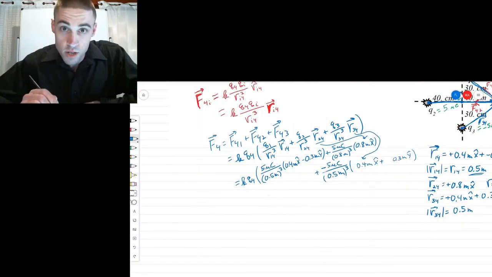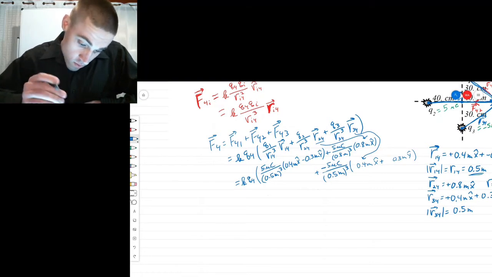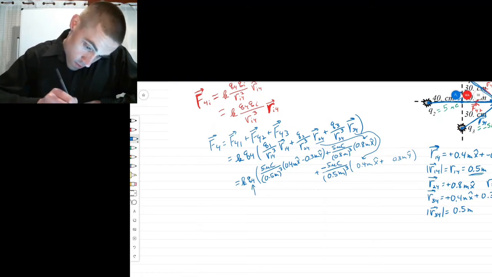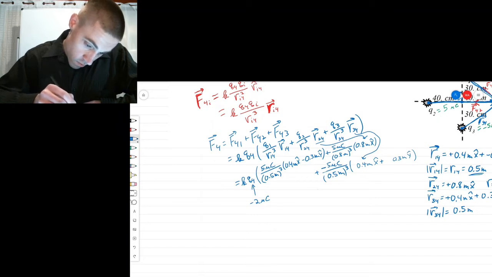We're just about done. We just need to go and do some of the math. But some of this stuff is just a matter of plugging in numbers. Minus 2 microcoulombs. It's the charge that goes in for Q4.